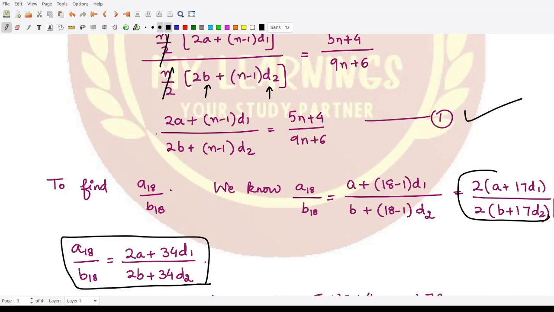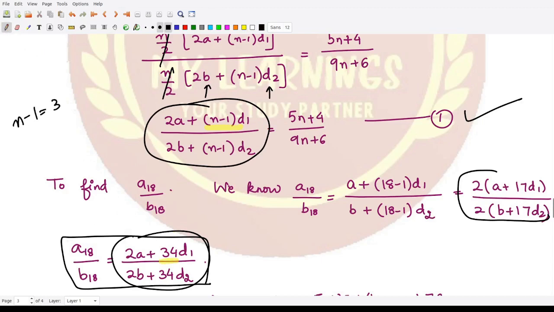So here you see we have the term 2a plus n minus 1 d1, 2b plus n minus 1 d2. So in order to make this term and this term equal, what do we want to do here? We want to make this n minus 1 equal to this 34. So how can we do that? You see this n minus 1 would be equal to 34.